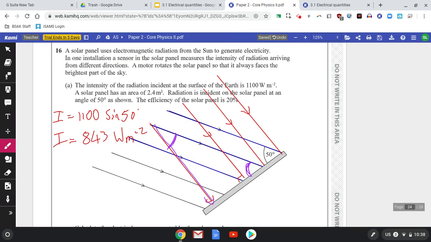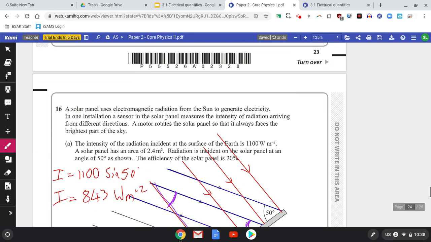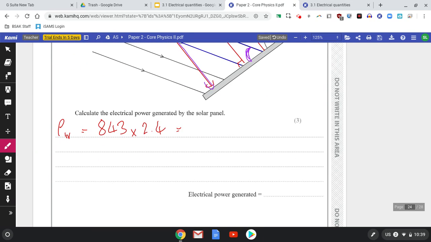Now we know intensity is power over area, so we can work out the power in. The power in is equal to the intensity incident multiplied by the area. The area is 2.4 meters squared, so times 2.4. The power in we've got is 2022 watts. That's the total power into the solar cell.